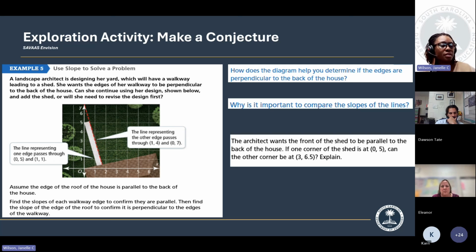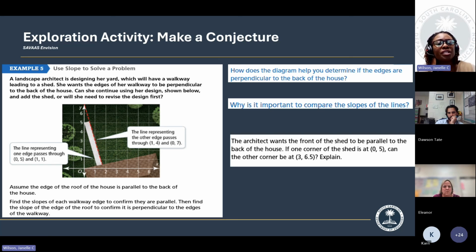And of course, you can add some leading questions like, how does the diagram help you determine if the edges are perpendicular to the back of the house? Why is it important to compare the slopes of the lines? And to add something for students to explain, to take it a step higher: the architect wants the front of the shed to be parallel to the back of the house.